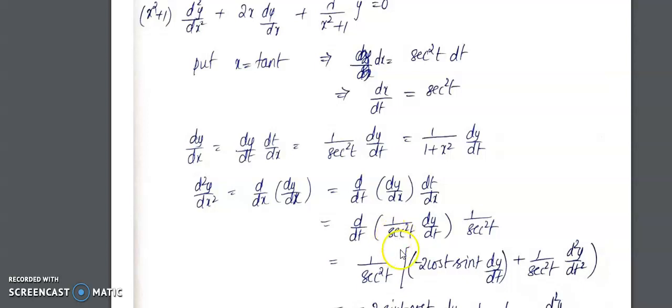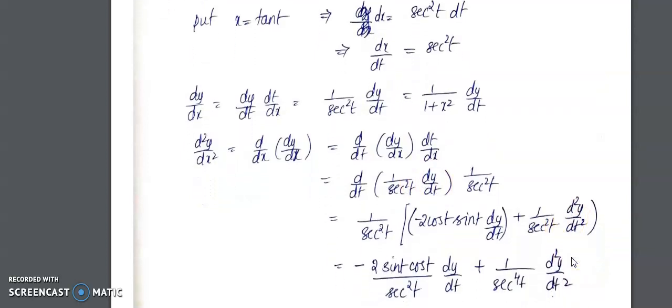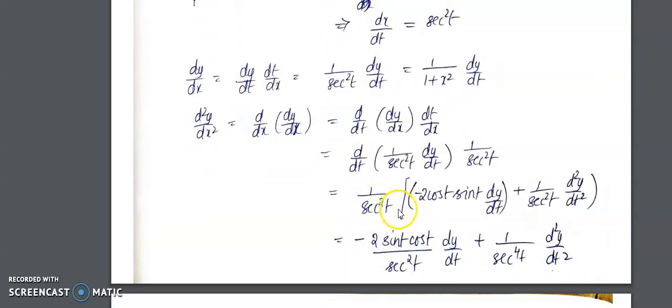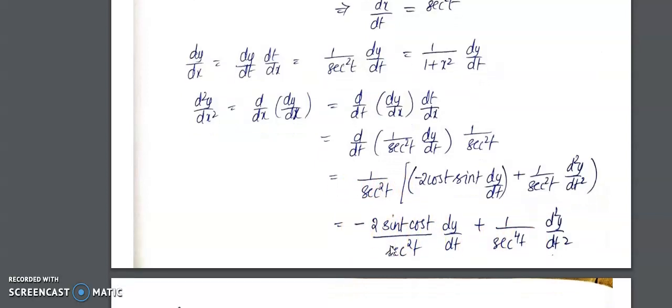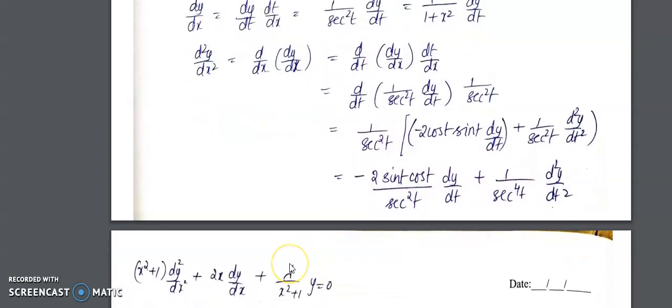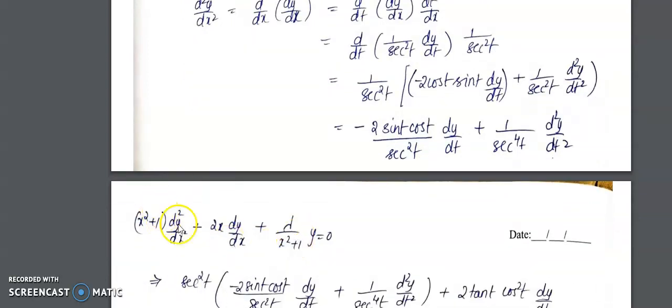So when taking the derivative, 1 by sec square t stays outside. We can take the derivative using the product rule. Okay, so the derivative of cos square t is minus 2 cos t sin t dy by dt, plus this term into the derivative of dy by dt with respect to t. So 1 by sec square t d square y by dt square will come. And when you multiply 1 by sec square t inside, so this is what you are going to get. Okay. Now let us substitute the derivatives in the given differential equation.